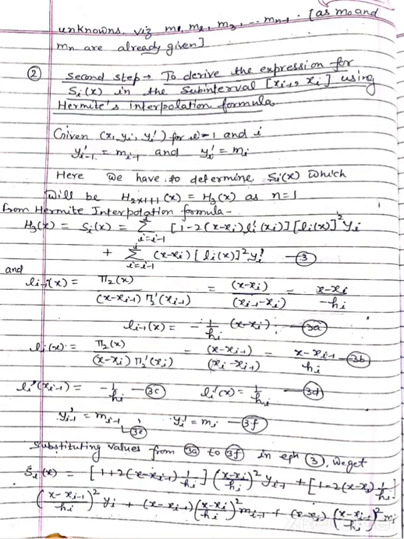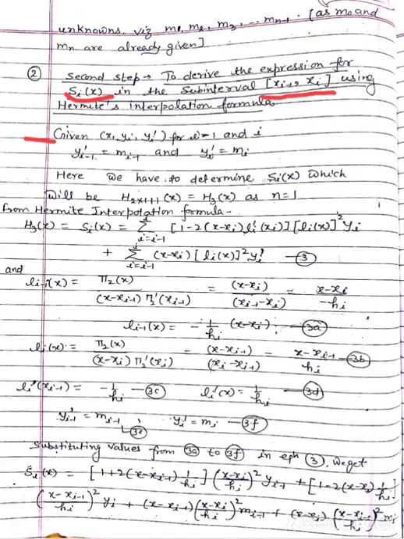In the second step, we will use the Hermite interpolation formula to derive the expression for Six cubic spline interpolation. Six in the subinterval xi minus 1, xi, given the values at xi, value yi and its first order derivative yi dash for i and i minus 1.